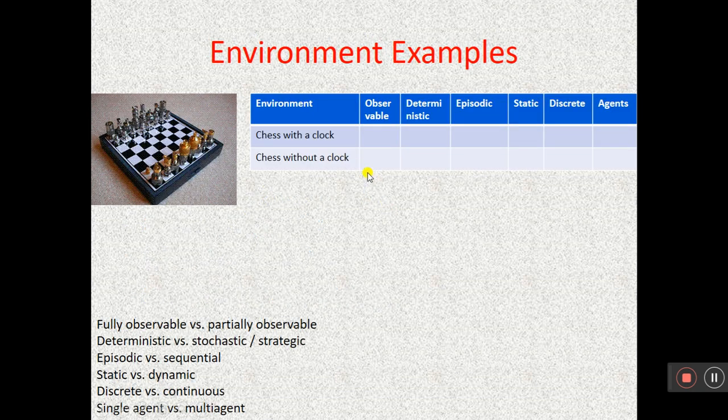So, here is a very explainable example of environment examples, like if you are playing chess, what would this type of example be?